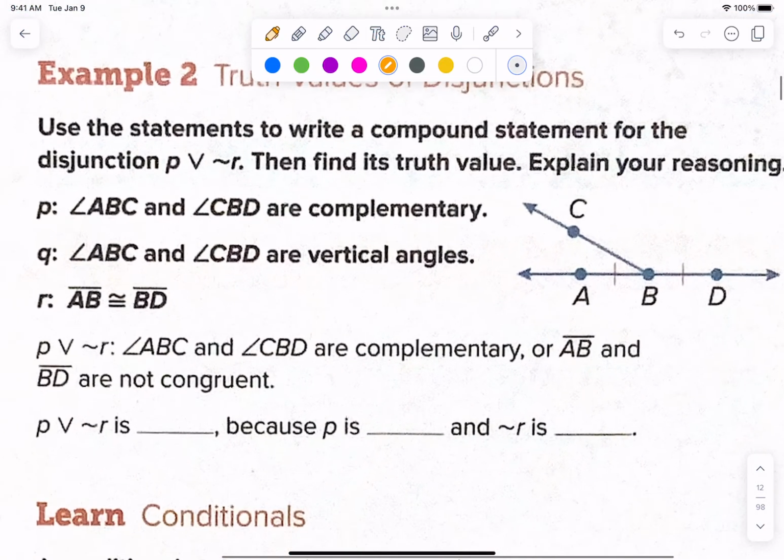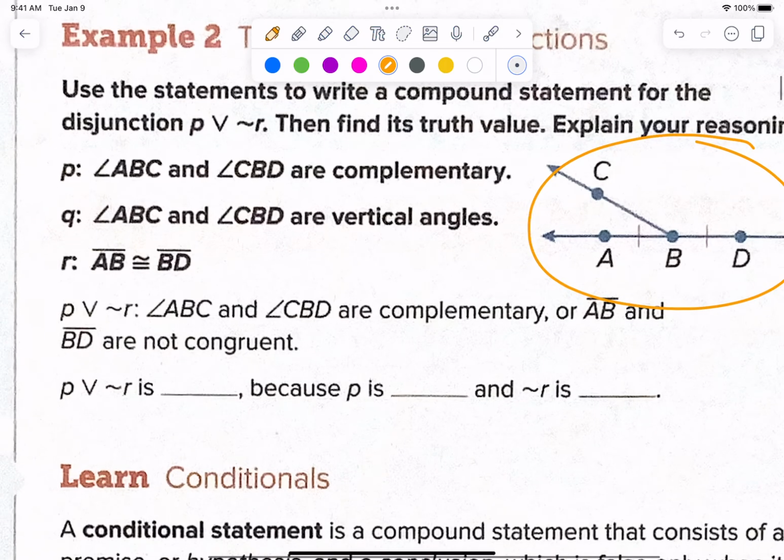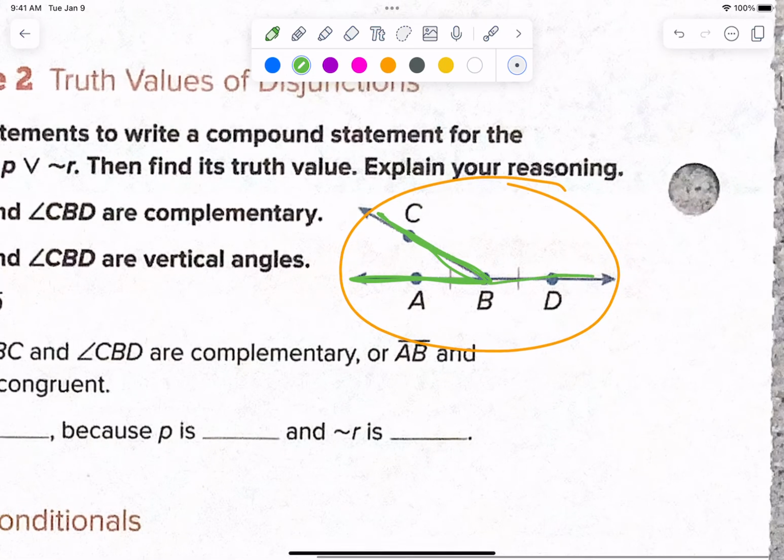Oh, let's do this one right here. Example 2. Go to the next page. Example 2. Now we've got a diagram. All right, referring to this diagram, here we have statement P says angle ABC, this little one, and CBD, which is this bigger one, those 2 angles are complementary angles.